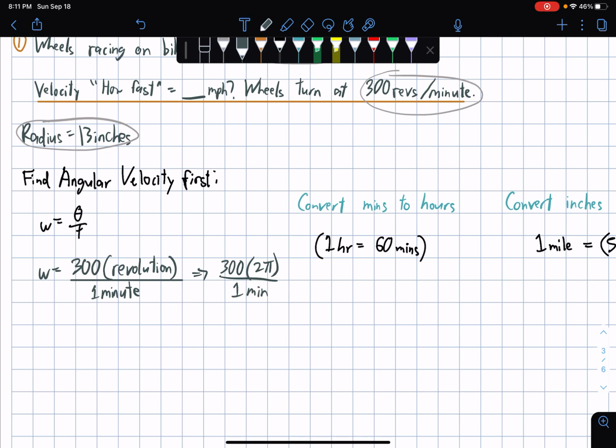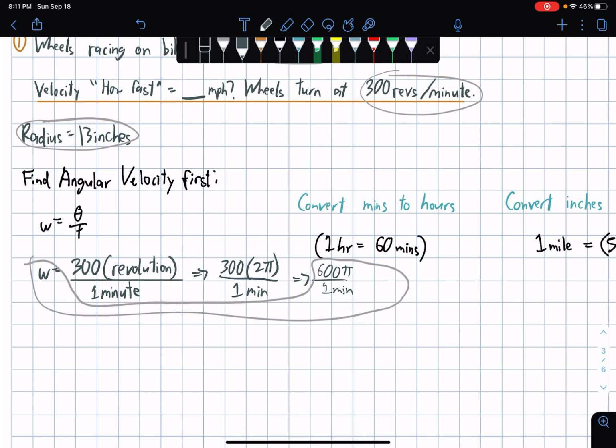Basically, we get 600 pi over 1 minute. This is our angular velocity.